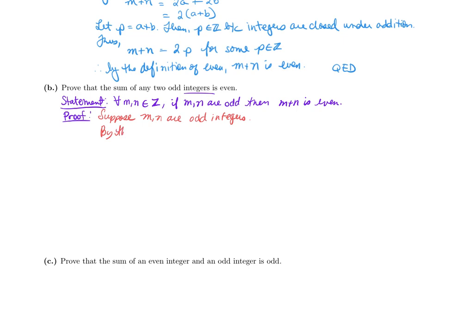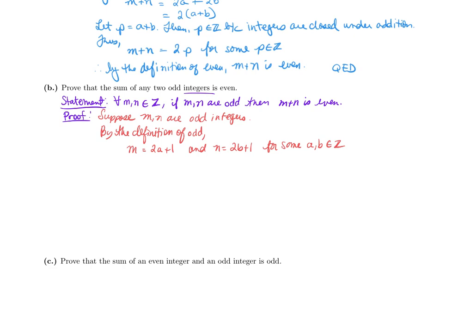By the definition of odd, we then know that m is equal to 2a plus 1 and n is equal to 2b plus 1 for some a and b that are also integers.